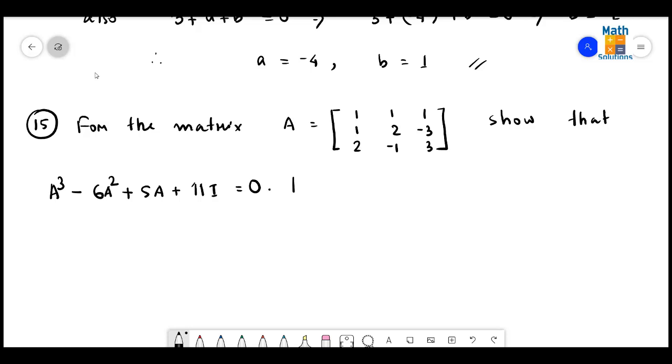Hence find A inverse. This question is very important from examination point of view.